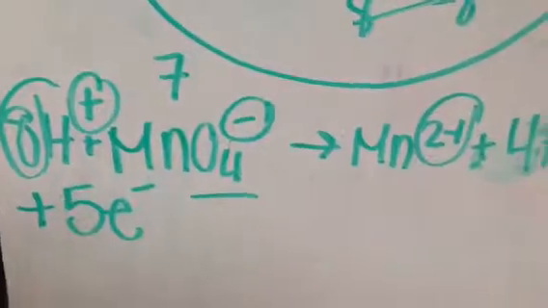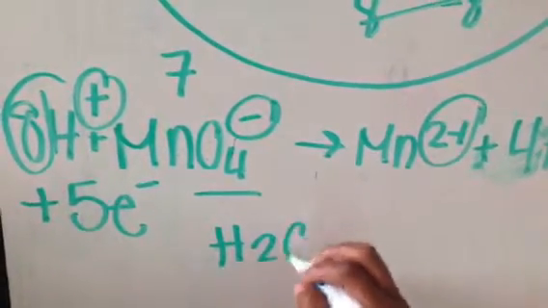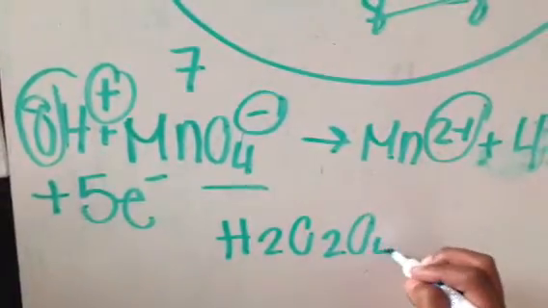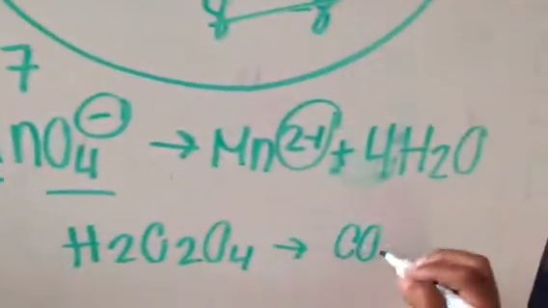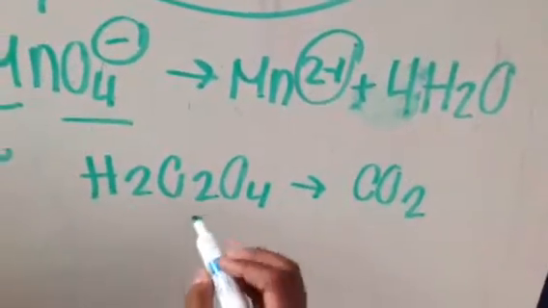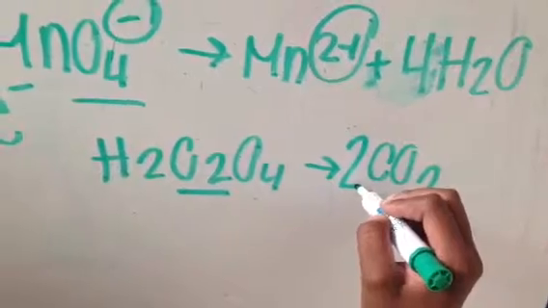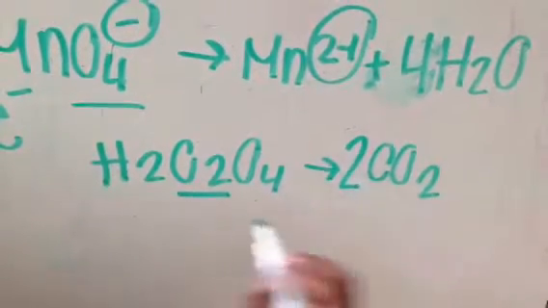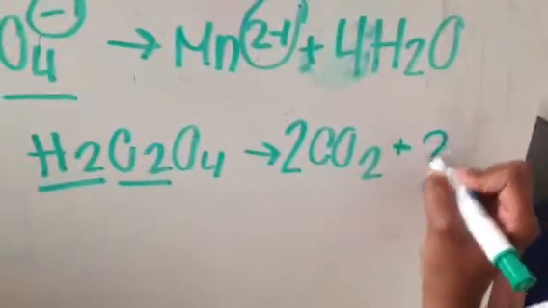And then our other half reaction will be H2C2O4 going to CO2. And we have 2 carbons on this side, so we'll have to add 2 carbons here. And then because we have 2 hydrogens on this side, we'll have to add 2 hydrogens here.